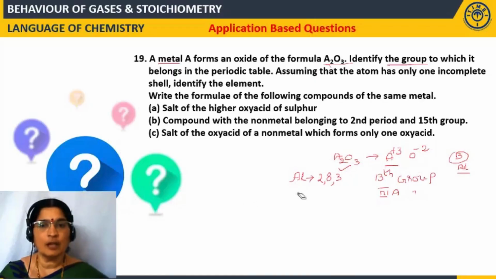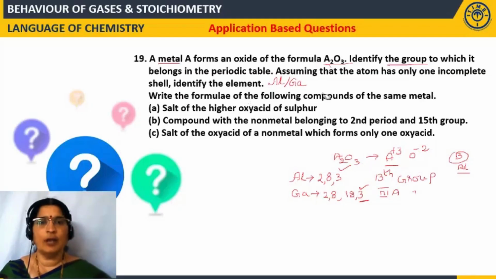So it could be aluminium. Similarly, gallium: what is the configuration of gallium? 2, 8, 18, 3. Here also only one incomplete shell. The fourth shell is the incomplete shell; the others are complete. So it could be either aluminium or gallium.